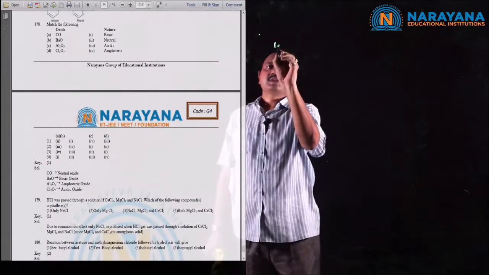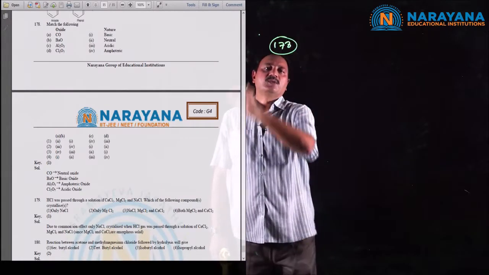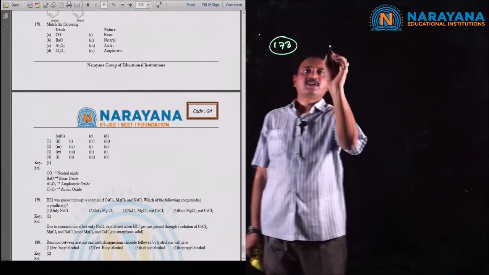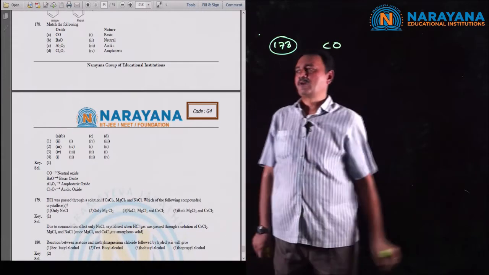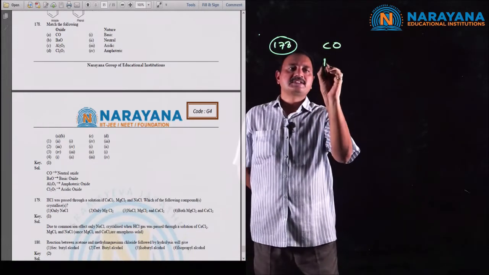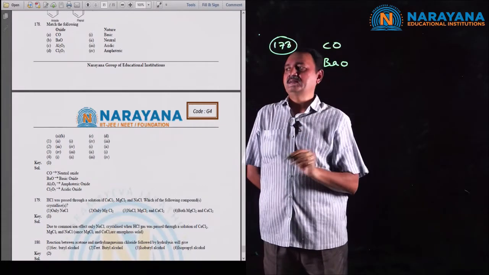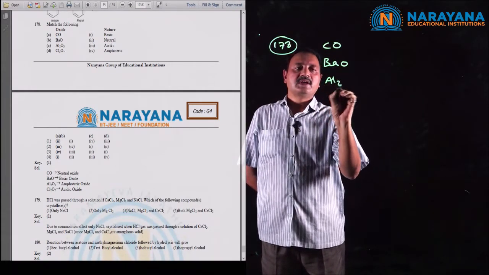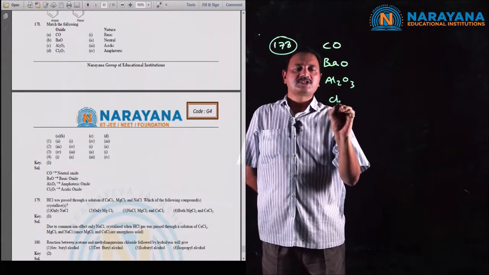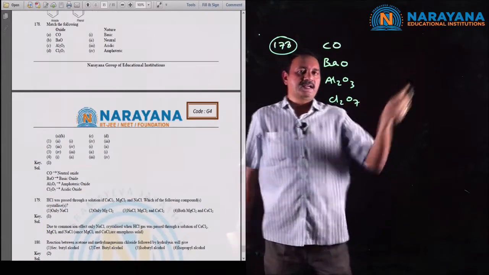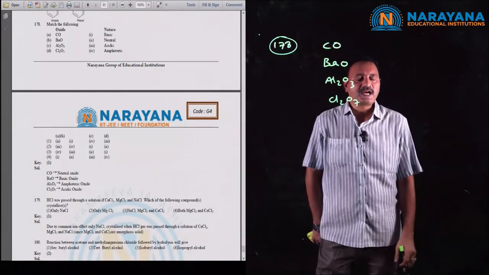Next question number 178, which is a matching question, and the given compounds are: one is carbon monoxide, another one is barium oxide, next one is Al2O3 and next one is Cl2O7. In the second column, the nature of those oxides will be given.